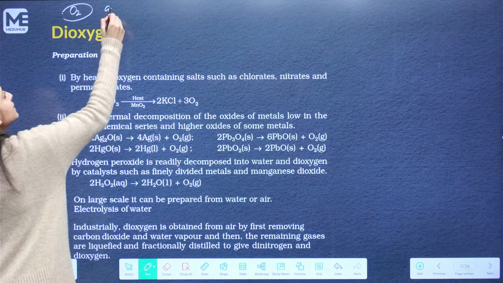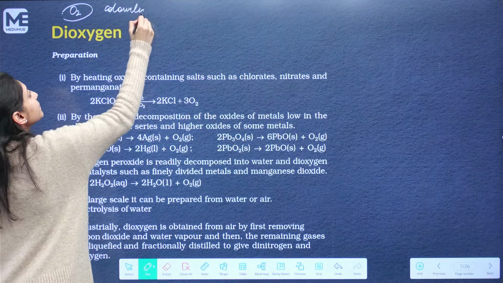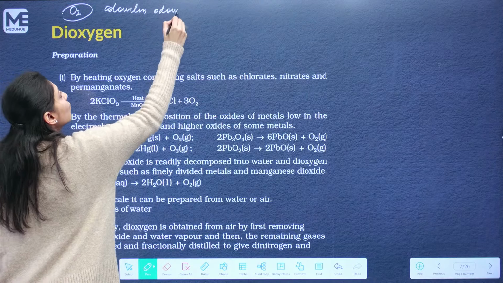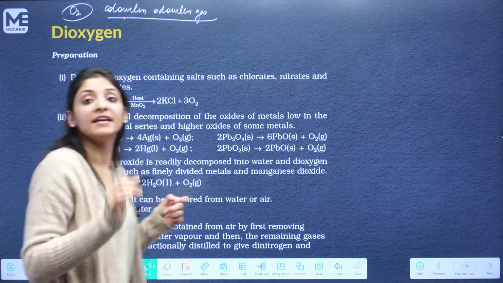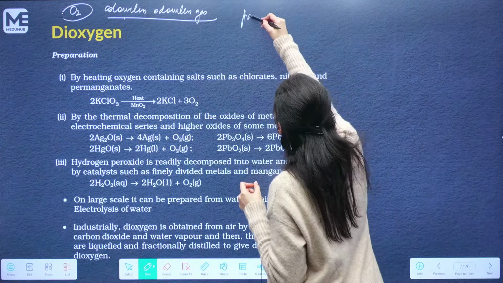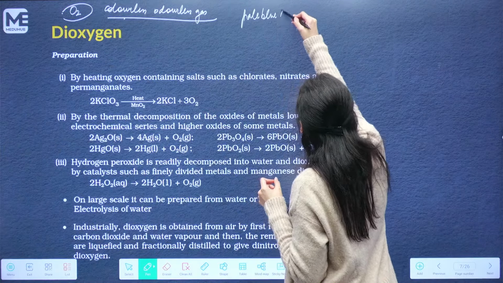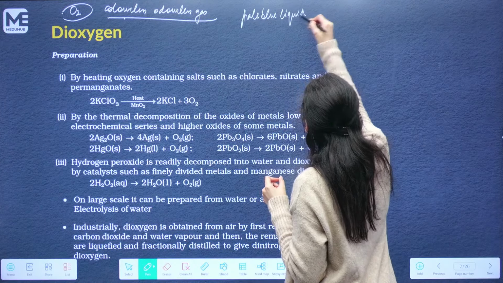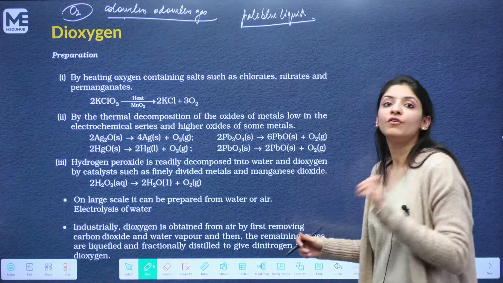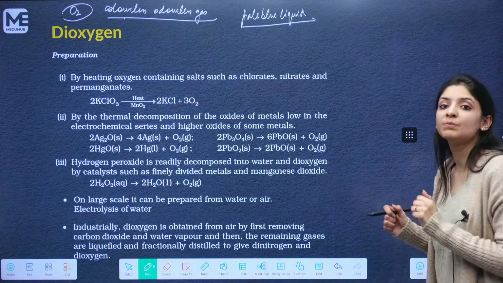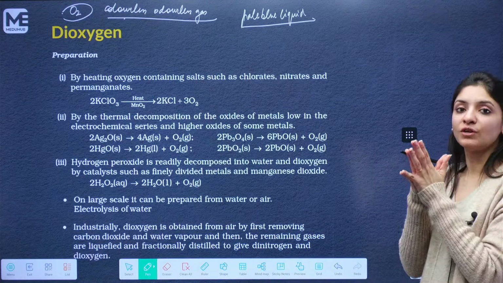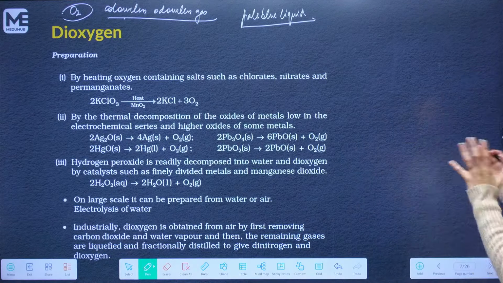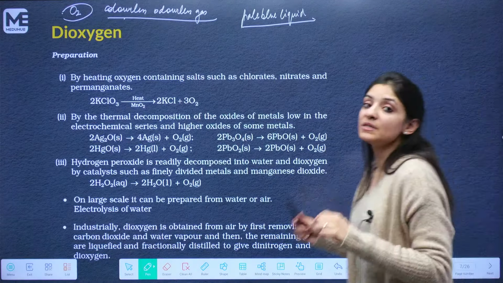This is a colorless, odorless gas, and in liquid form it is pale blue in color. The solubility of oxygen is just enough to support aquatic and marine life. The amount of oxygen that dissolves in water is just the right amount. It is most perfect.